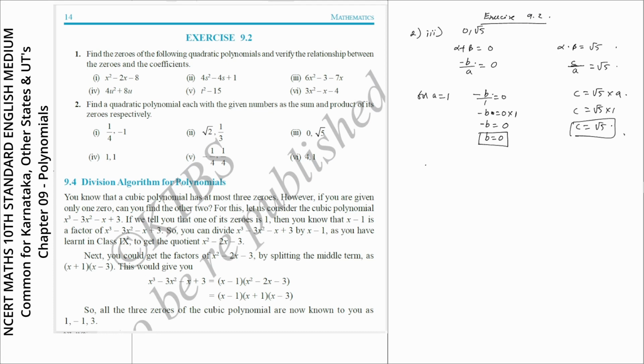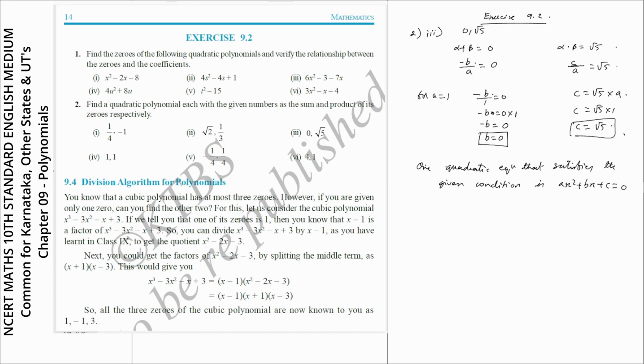Now one quadratic equation that satisfies the given condition is ax square plus bx plus c is equal to 0.